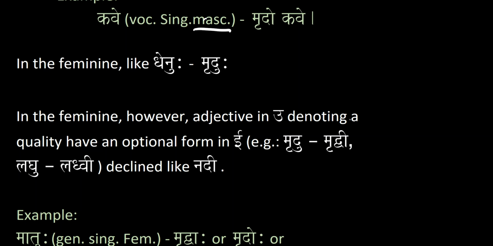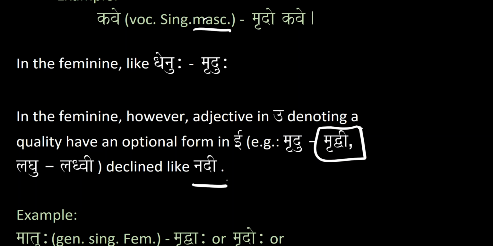So mridu will become mridui. Another example, laghu, which is another adjective that ends in short u, would turn into laghui. And then you would decline it like nadi.